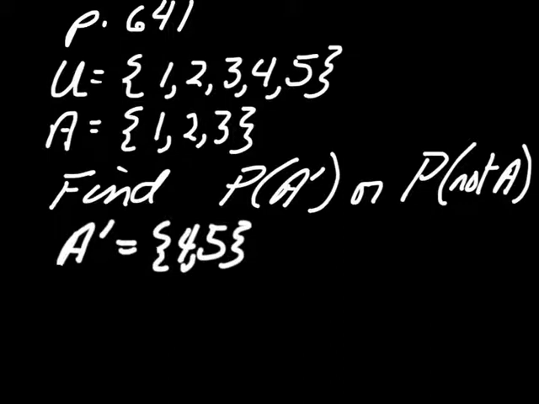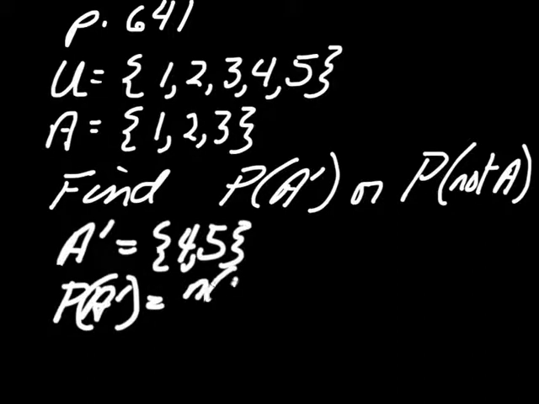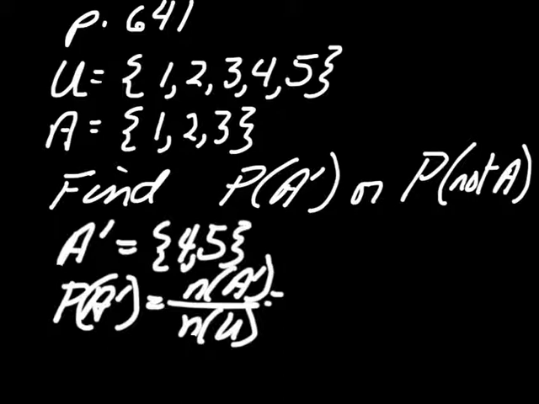Therefore, the probability of A complement is the number of elements in A complement divided by the number of elements in the universal set. There are 2 elements in A complement, and in the universal set there are 5, so I would get a probability of 2/5.